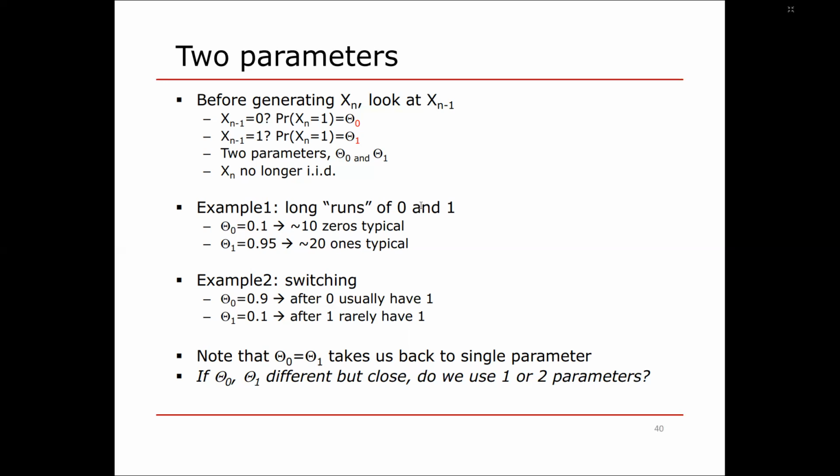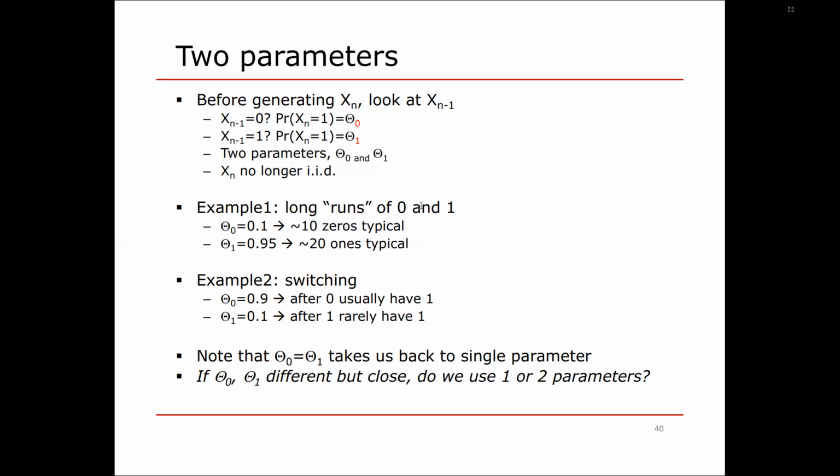So 10% of the time we flip from 0 to 1, 90% of the time we remain at 0, and that means that we flip roughly a tenth of the time. So typically we're going to have runs of 10 zeros in a row. We could have a single 0, we could have 13 zeros, could even have 36, although that'll be unusual.